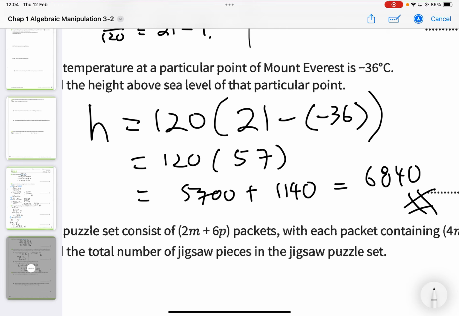Do you all get 6840, those who finish? Oh, I thought you all did so fast then. Then never check. Correct. Then Ines.